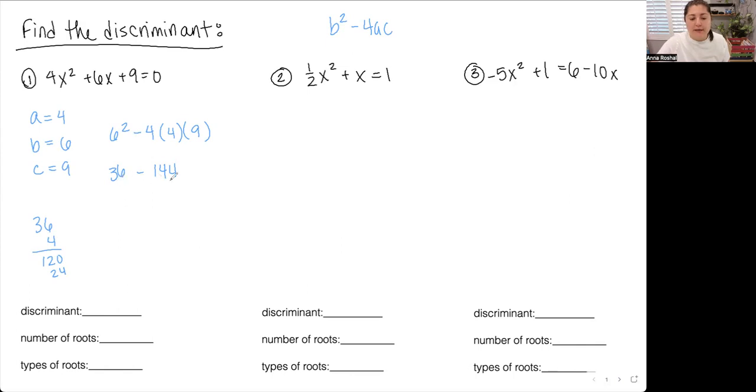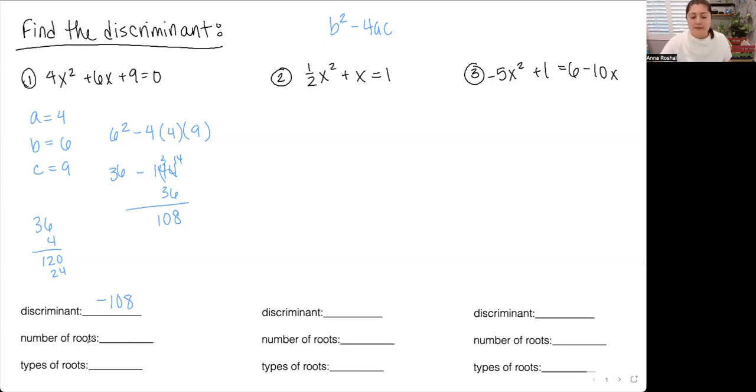Let's just do some quick maths here. That's negative 108. So my discriminant is negative 108.